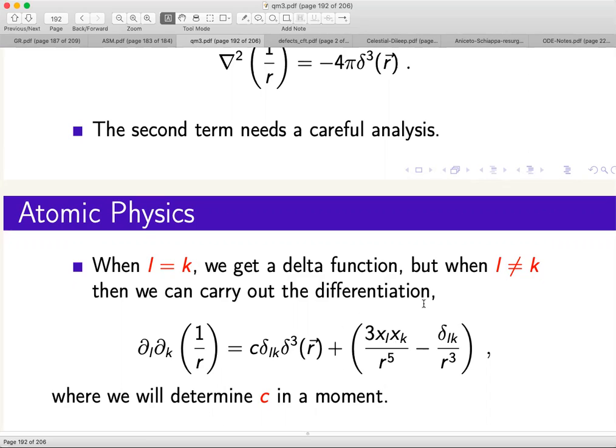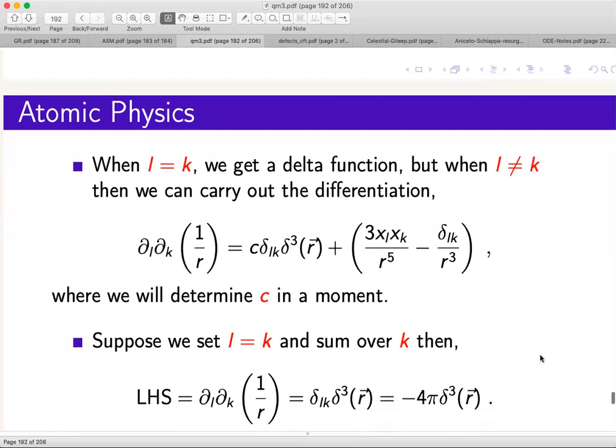And remember, the derivative of 1 over R is 1 over R cubed actually, because we are taking Cartesian derivatives of a radial variable. You can check that it jumps in odd powers. So this is the expression when del L del K acts on 1 over R when L is not equal to K. Now it may appear that you get a delta LK here, but this delta LK has the job of ensuring that whenever L is equal to K, this quantity just cancels out. Okay, fine.